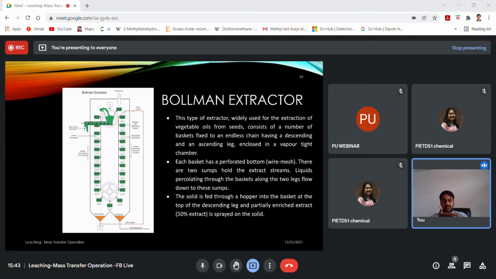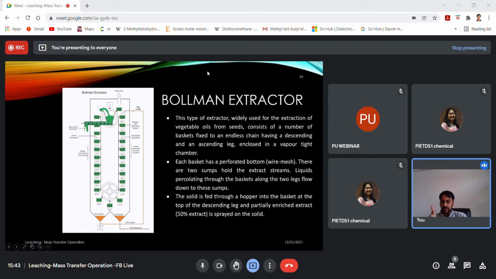Perforated means the liquid can travel from that basket to another basket, and at the end it will be collected at the bottom, right.